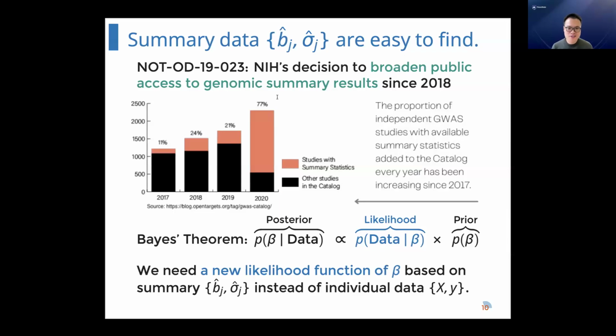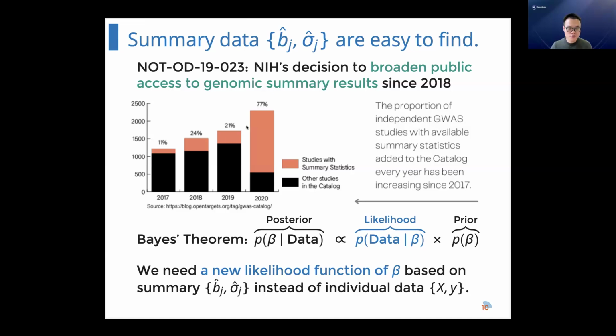Since we have this challenge of not being able to get the individual level data and do our traditional multiple regression analysis, we have to find a different way out, because we really like the multiple regression model, as it provides a better description of how genetics affect disease and health. Thanks to the NIH's decision back in 2018 to broaden the public sharing of genomic summary results, the GWAS summary statistics produced by the single SNP association testing procedure I mentioned earlier are increasingly available to the public these days.